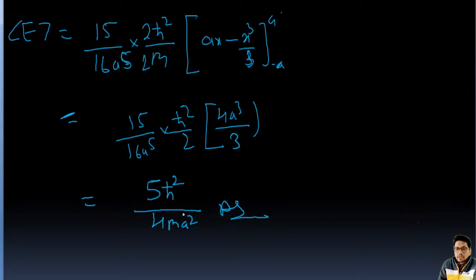This is the answer. So the ground state energy is 5 h cut square upon 4 m a square.